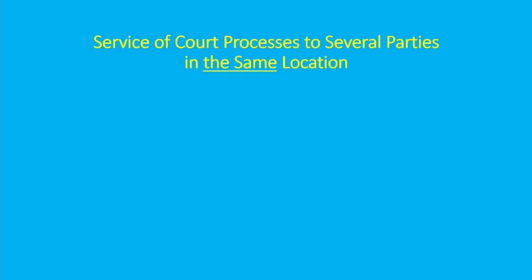Service of court processes to several parties in the same location. It's not allowed to claim separately per case if you serve court processes to several parties in the same location during the same time.